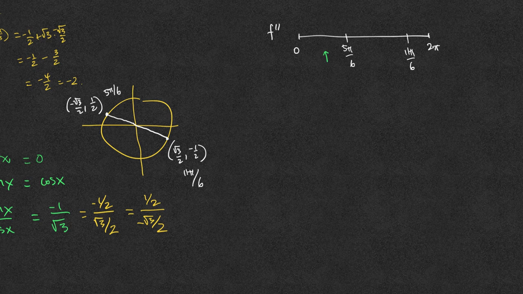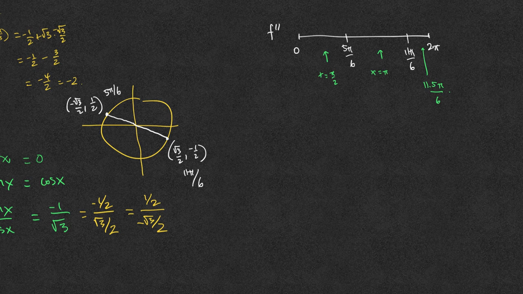For the interval 0 to 5 pi over 6, we might want to use x equals pi over 2. For the interval 5 pi over 6 to 11 pi over 6, we will use x equals pi, or any number in this interval. And for the last subinterval, we will use 11.5 pi over 6, because we want to pick a number that is between 11 pi over 6 and 2 pi.